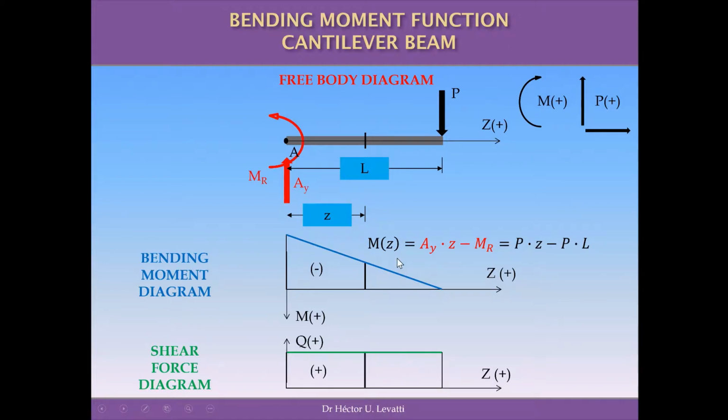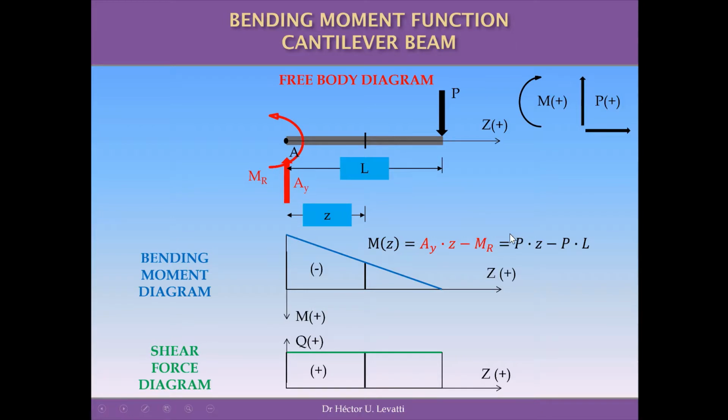So if we write the equation for this cross section in the middle of the cantilever beam, we write the moment at this cross section Z in general. Z is the distance from A to the cross section we are analyzing. We have, to the left side of the structure, AY, the reaction, multiplied by Z, the variable, minus MR, which is the reactive moment in the cantilever beam.